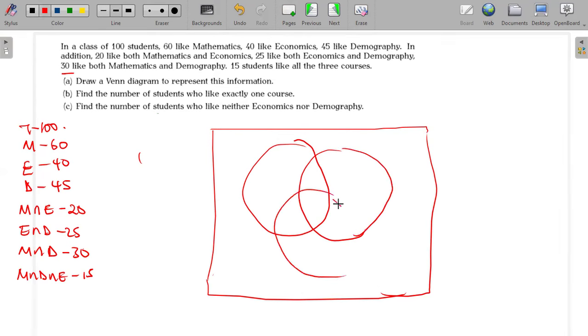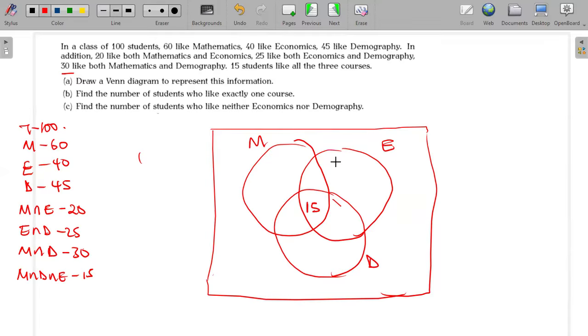So I'm going to label this here as mathematics, that is economics, and that there is demography. Now those that like all the three are 15. So 15 there, they like all three subjects.